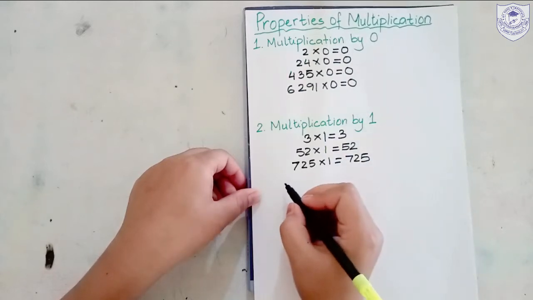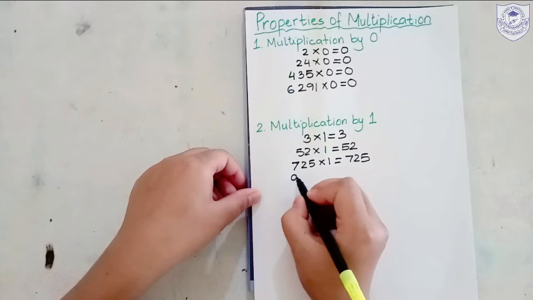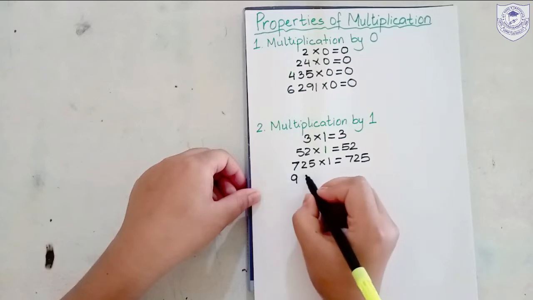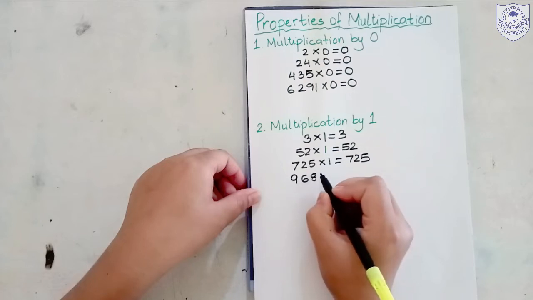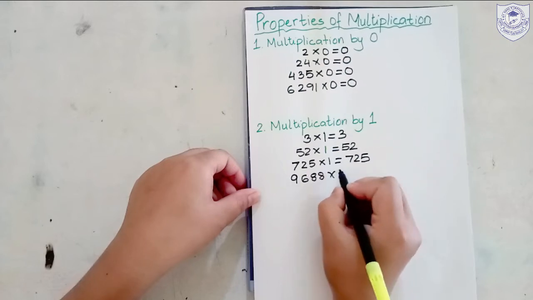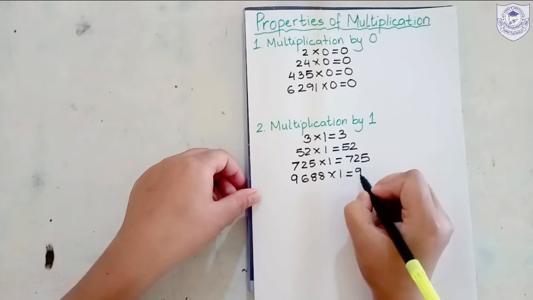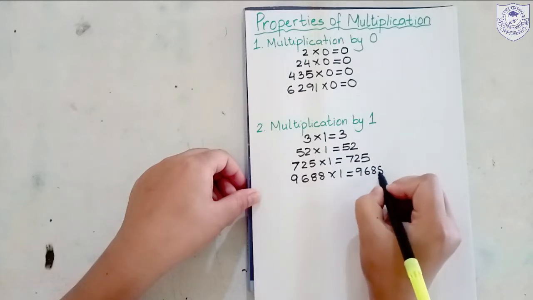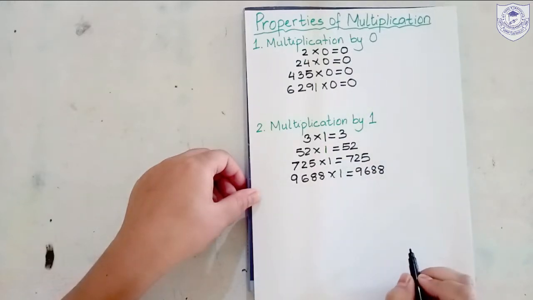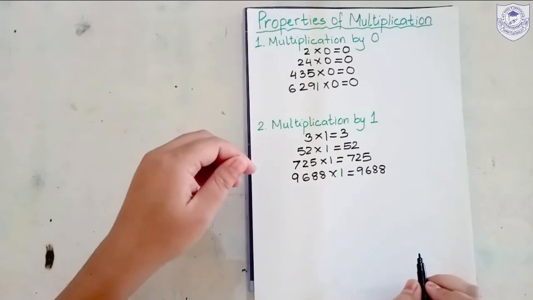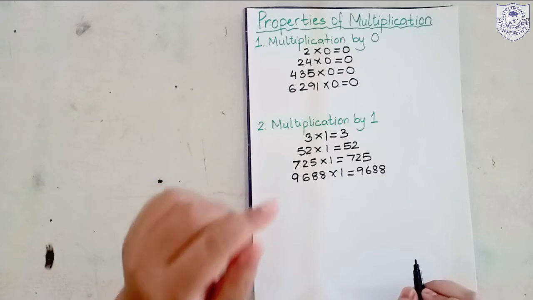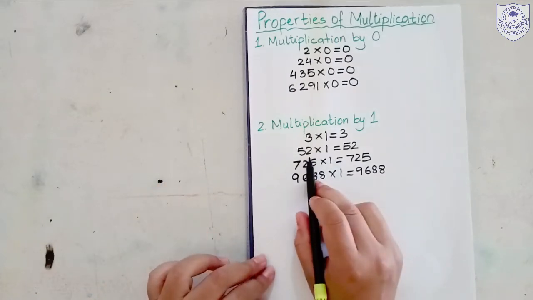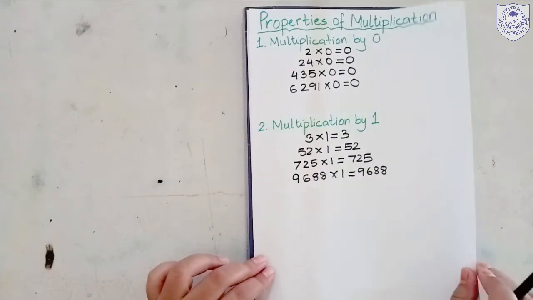Okay, or if it is a 4-digit number, 9,688 into 1 will be 9,688. Okay, now this is the second property of multiplication. If we multiply any number with 1, the answer is always the number itself.